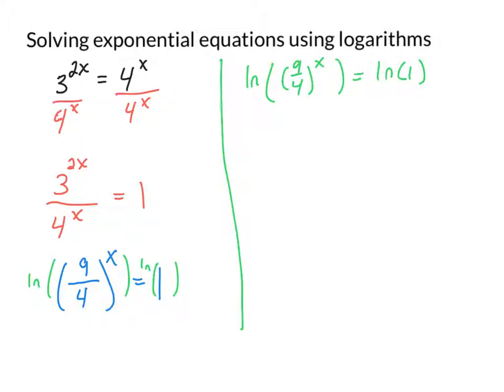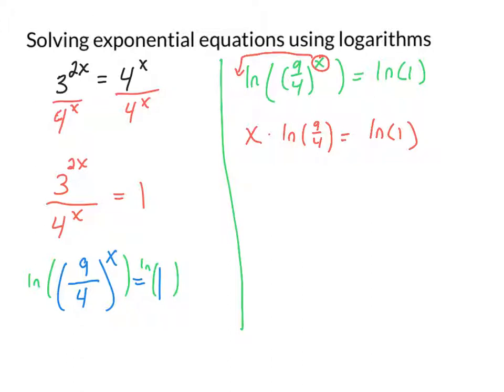Let's keep going here. Next step, I'm going to take this x and bring it down out front. This is the reason why I took the natural log, so I can get this x down out of the exponent. And so we get x times the natural log of 9/4 is equal to the natural log of 1.